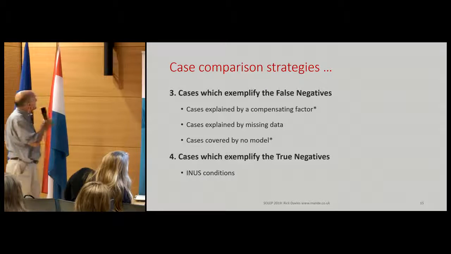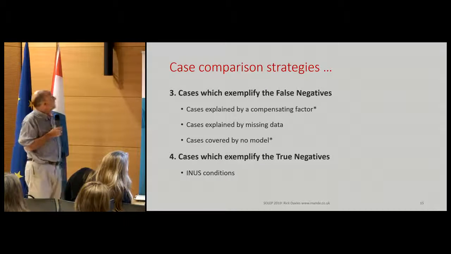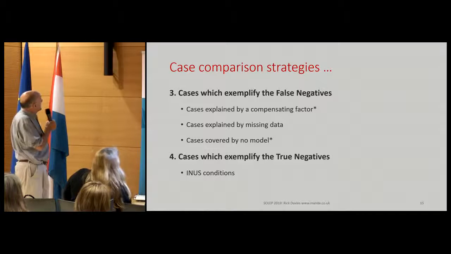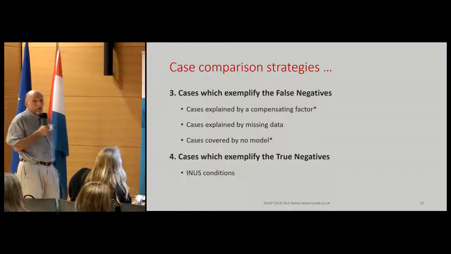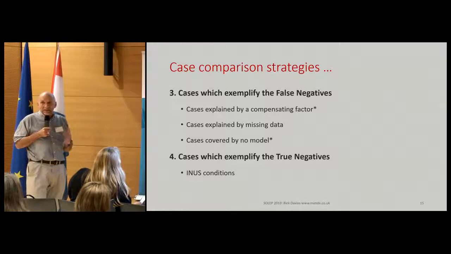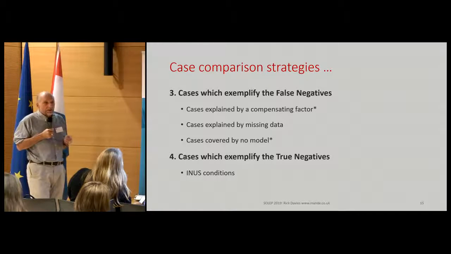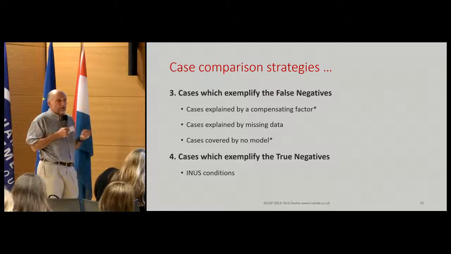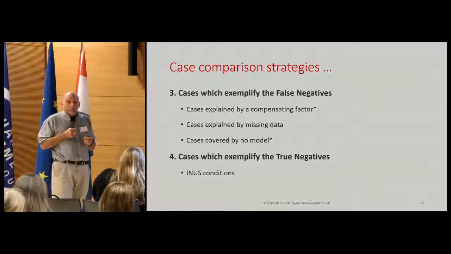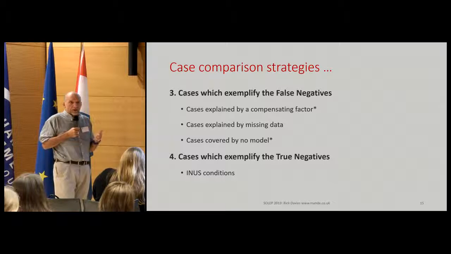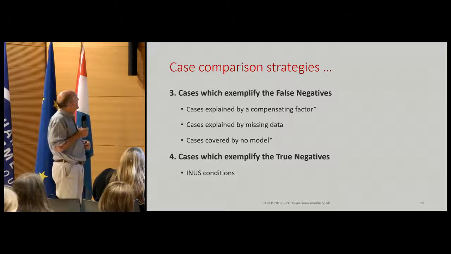If we look at the false negatives, there are a couple of possibilities here. One is that these cases don't have exactly the same attributes as those in the true positives, but there might be something else, some extra attribute there that's enabling that outcome to happen. So the association is not there, but there's something extra.